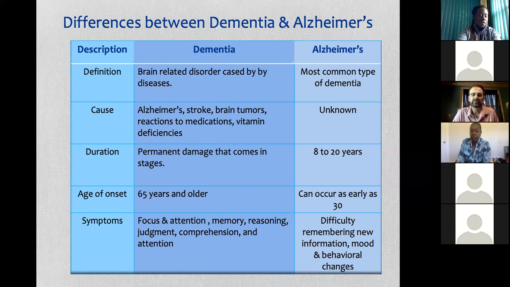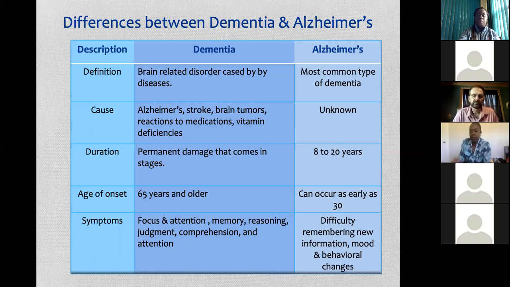The duration for dementia is permanent, and it comes in stages. In Alzheimer's, the duration is about 8 to 20 years. The age of onset for dementia is 65 years and older, and that's if it's caused by Alzheimer's. If it's caused by one of the other causes, the age can differ.